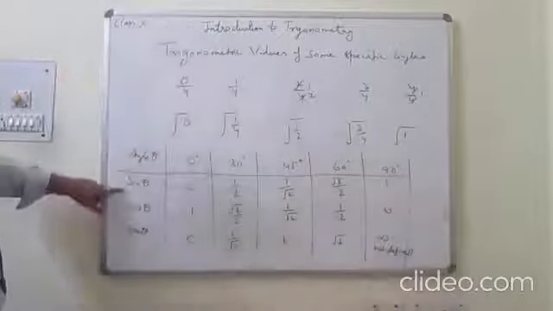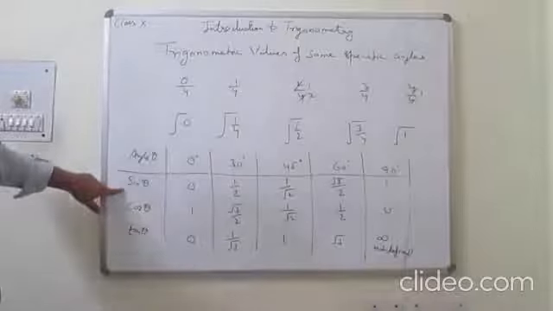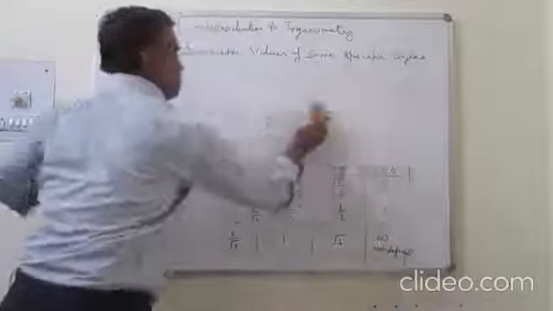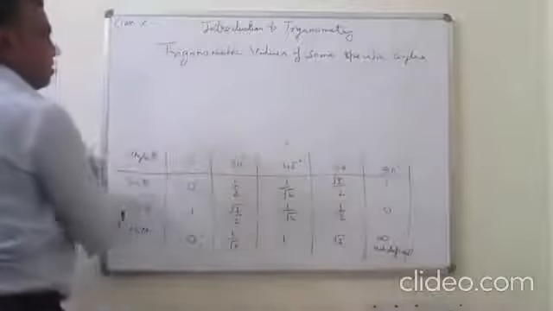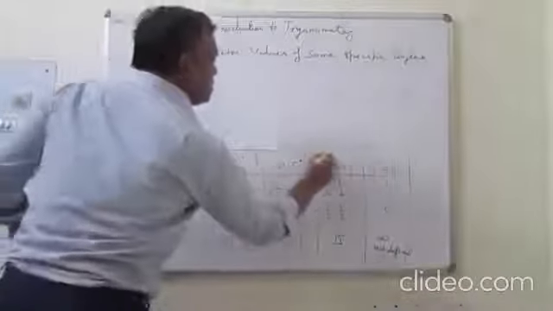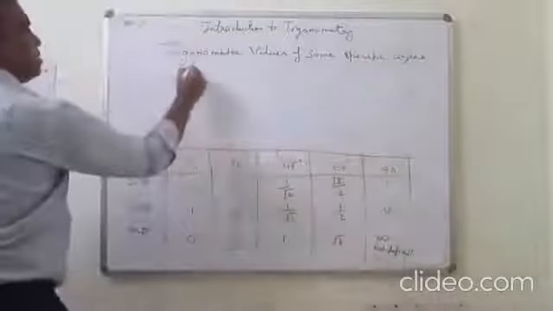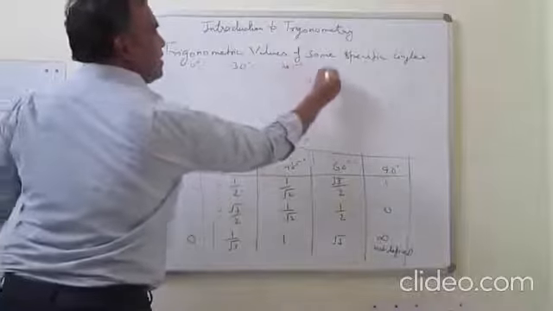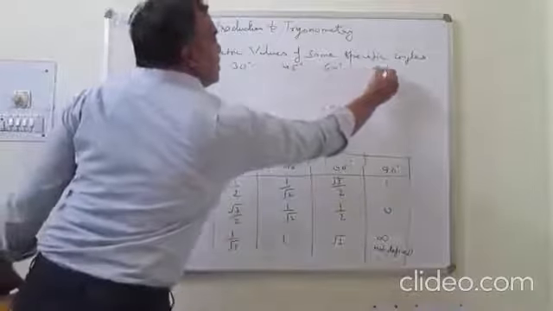Now, the reciprocal of sine is cosec. So, I will write the values of cosec, sec and cot for 0 degree, 30 degree, 45 degree, 60 degree, 90 degree.